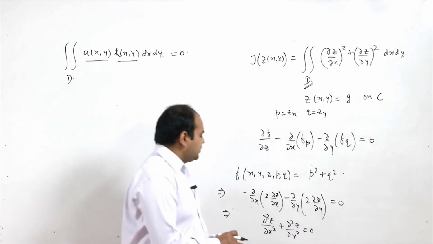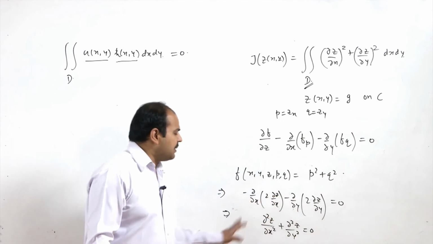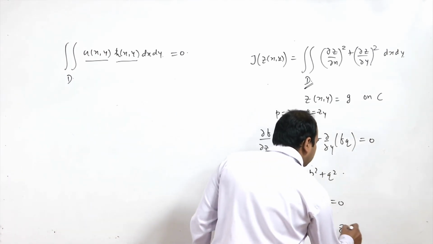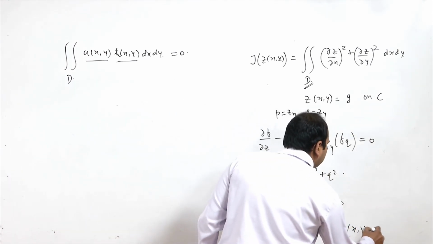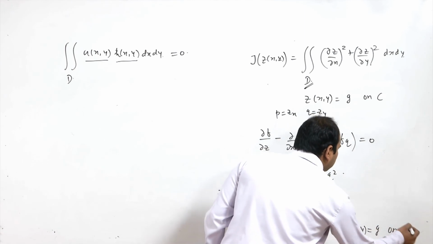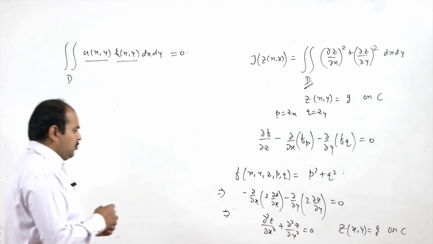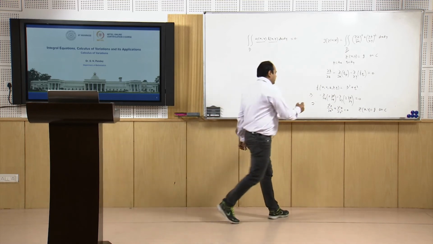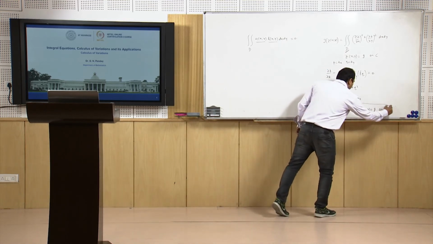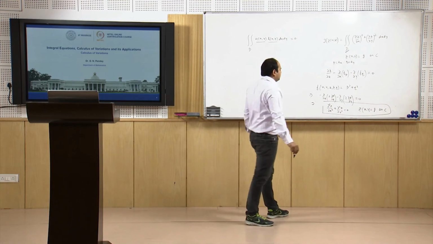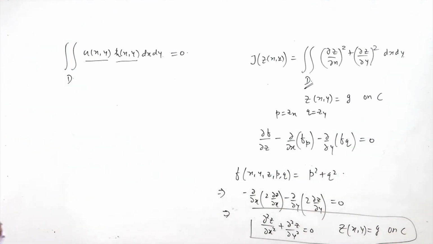So the extremal surface is the solution of the Laplace equation when z satisfies certain conditions on the boundary of the domain D. So you can simply say that, if you recall, this is nothing but your Dirichlet problem for the Laplace equation.